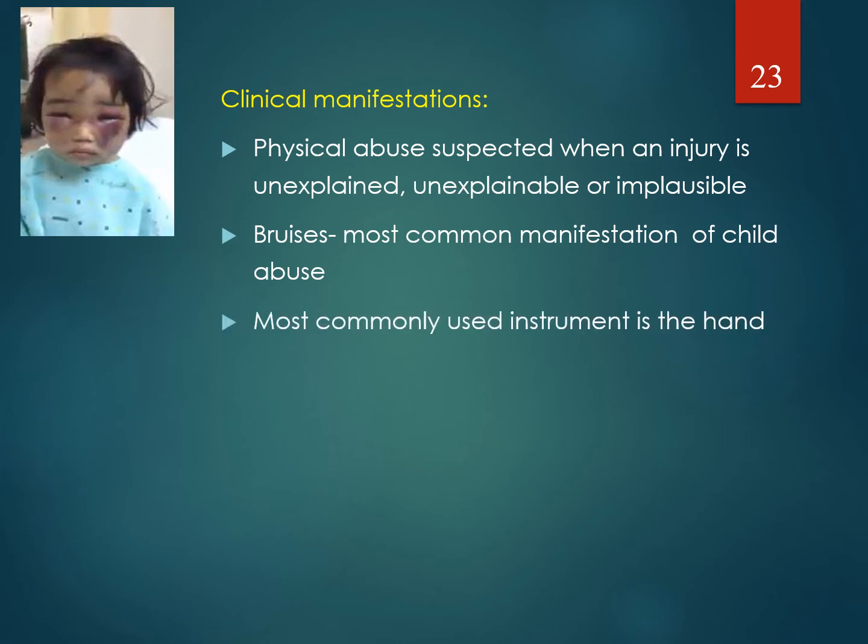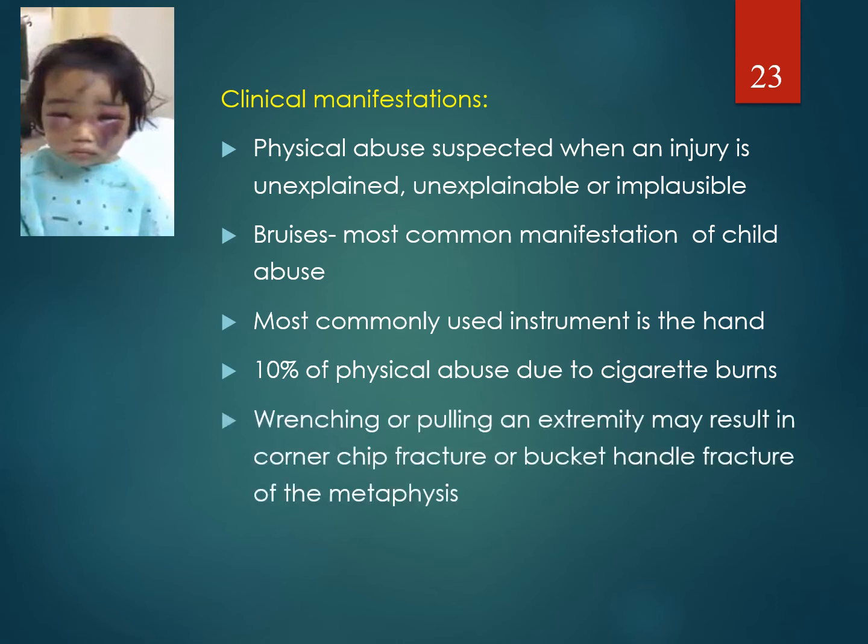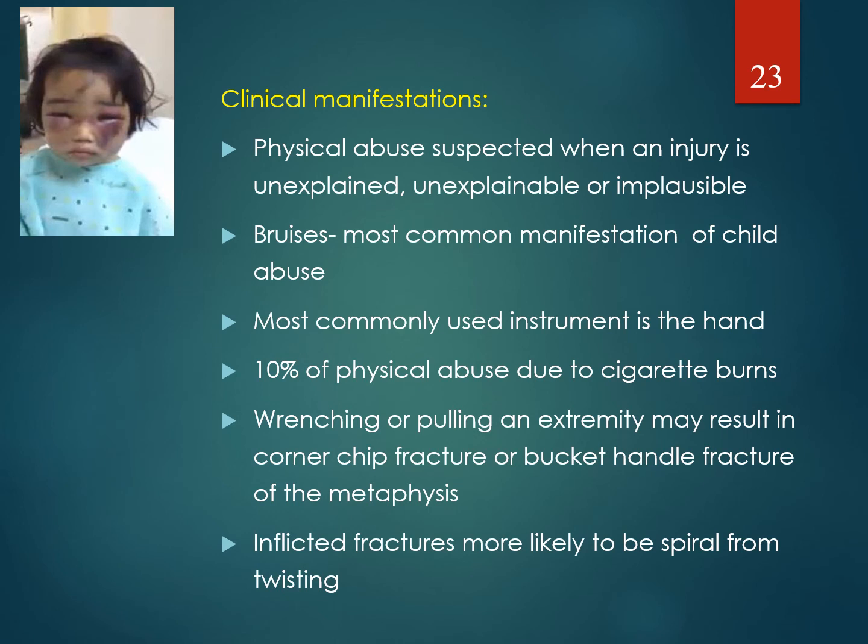The most common instrument used is the hand, so sometimes you can see the handprint. 10% of physical abuse is due to cigarette burns, and they can have fractures because wrenching or pulling of an extremity may result in a corner chip fracture or even a bucket handle fracture of the metaphysis. And other fractures may be of the spiral form, which can be due to twisting.